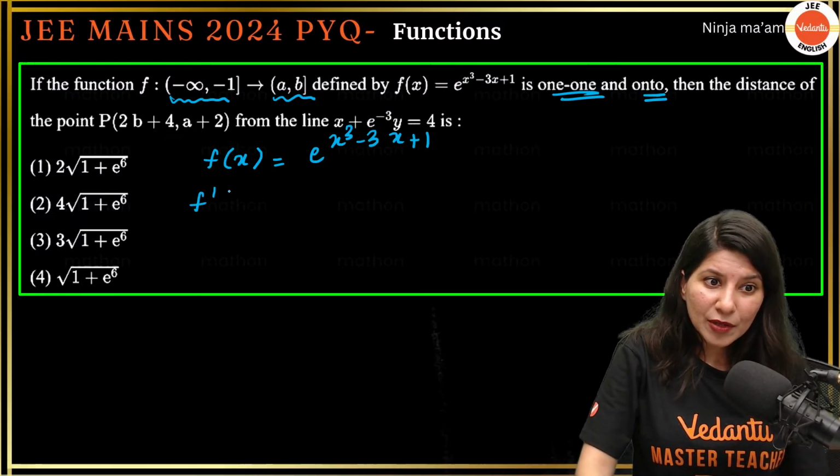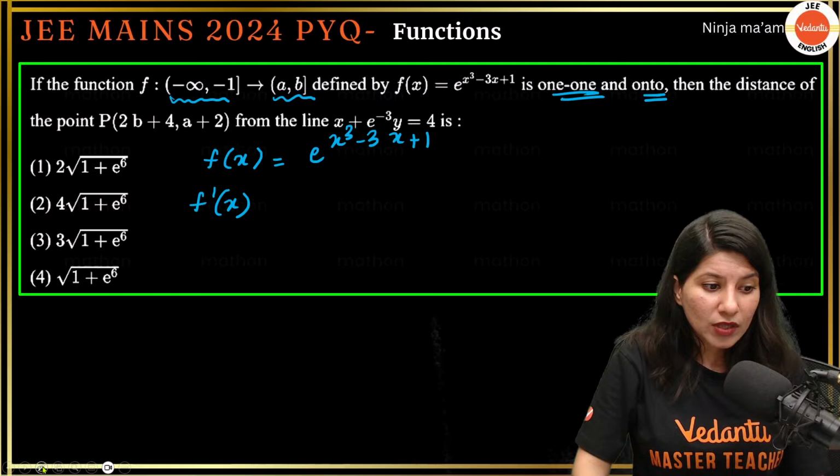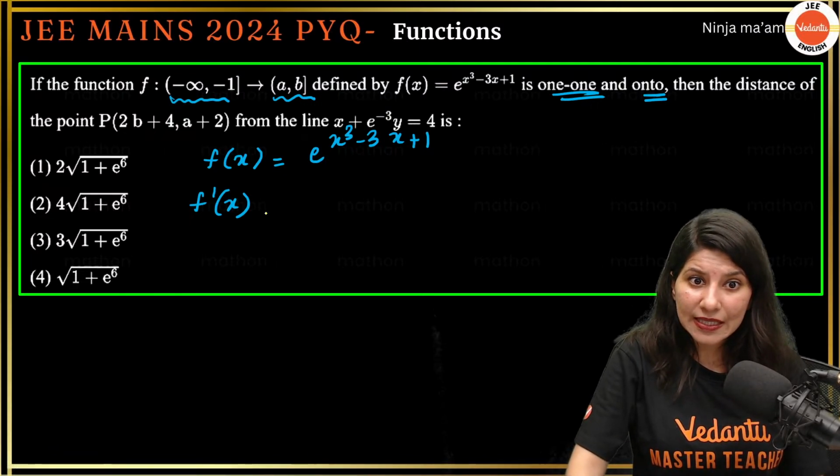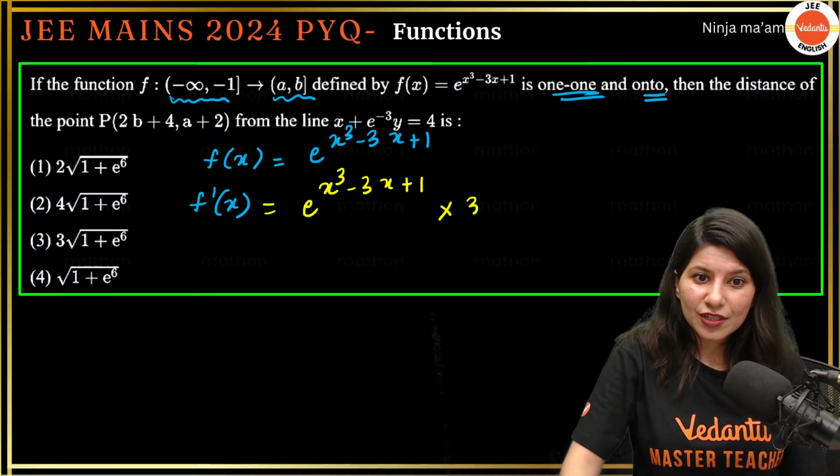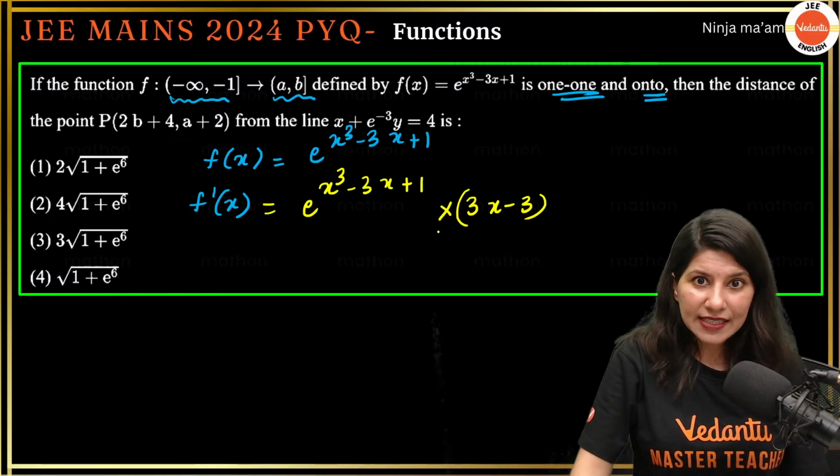Now I am talking about f dash x because I want to know the nature of my function, whether it is increasing or decreasing. e raised to power x cube minus 3x plus 1, multiply, you need to differentiate: 3x square minus 3. This is f dash x, right?